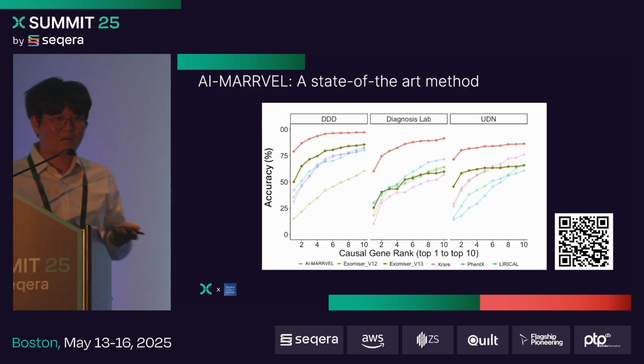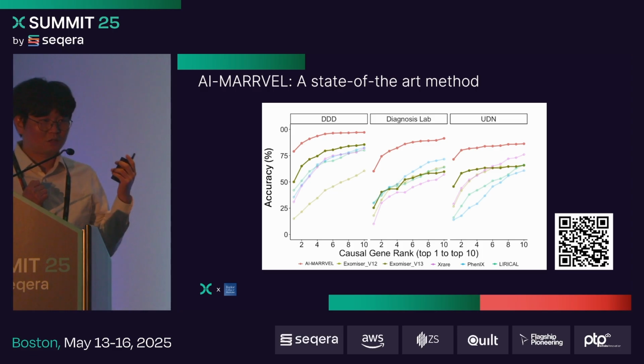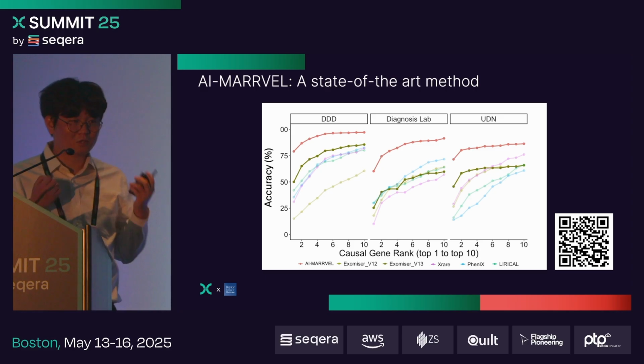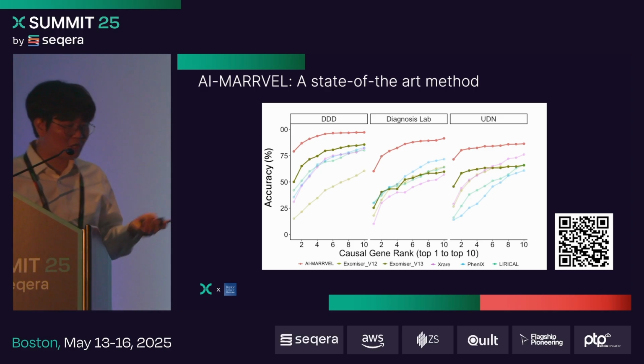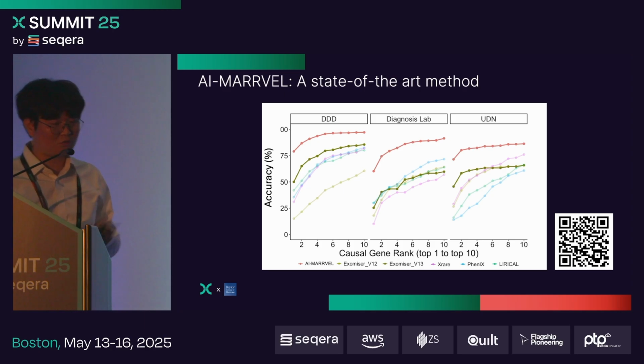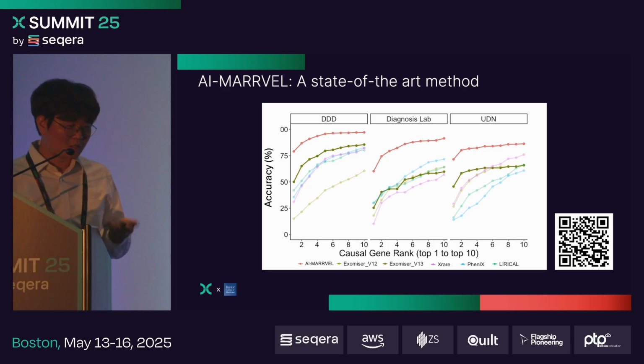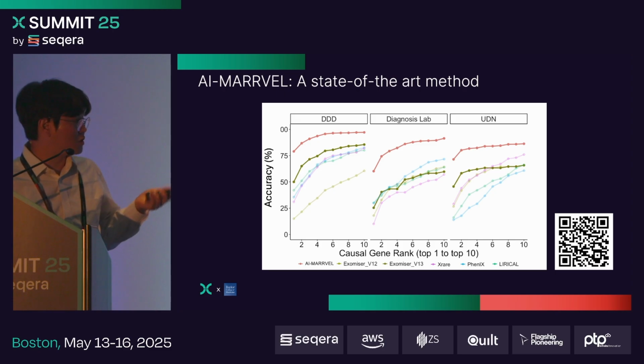People might argue, hey, your method is better because you use the same training and testing data from the same institute. But if we look at the external data, DDD and UDN, you see the same trend observed.